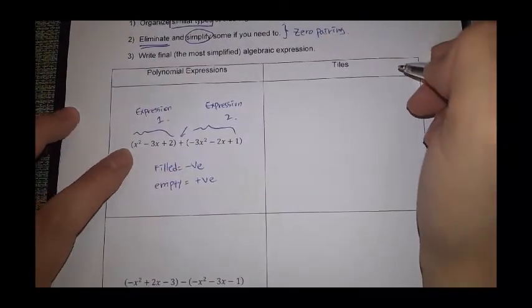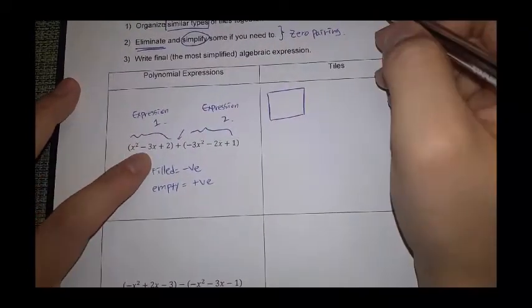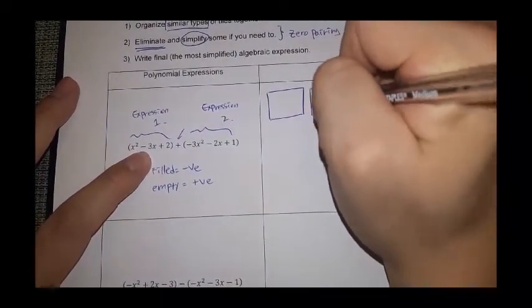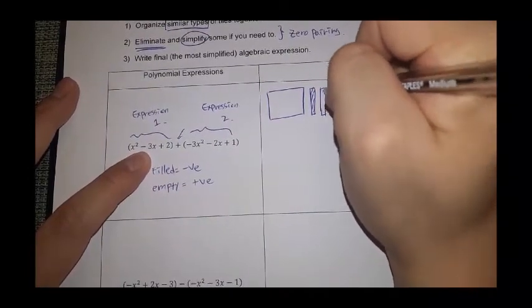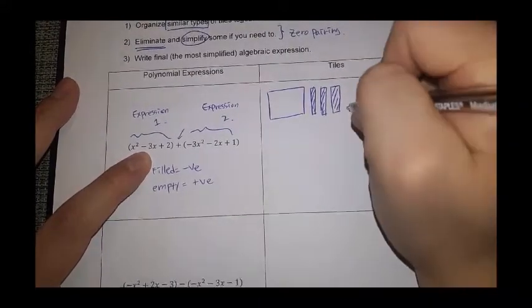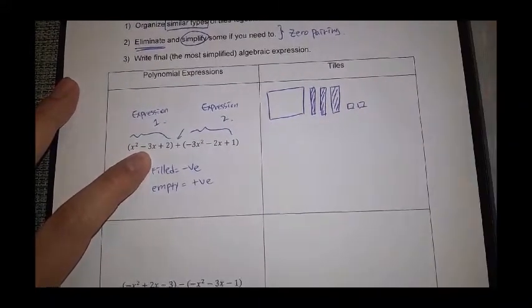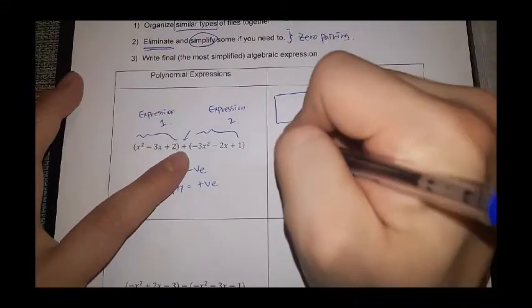So what I mean by that is positive x squared, anything x squared is a big square. Negative 3x, that's a single term, and it's negative, so it should be a colored strip. Positive 2, two small integer tiles, if you will.